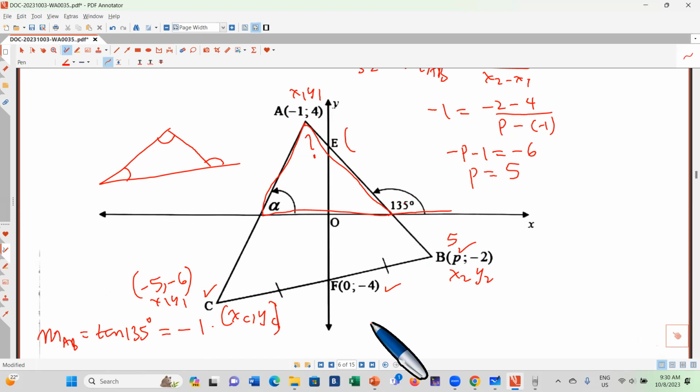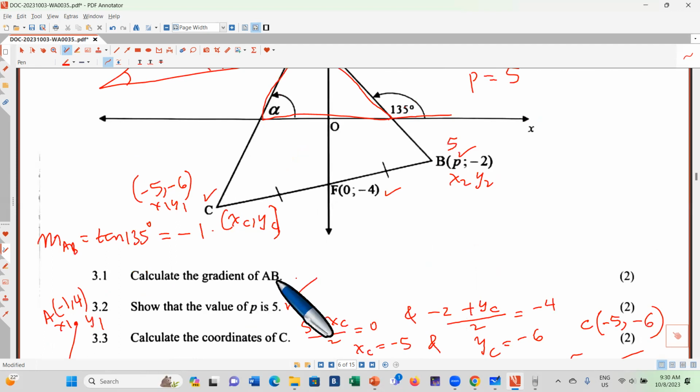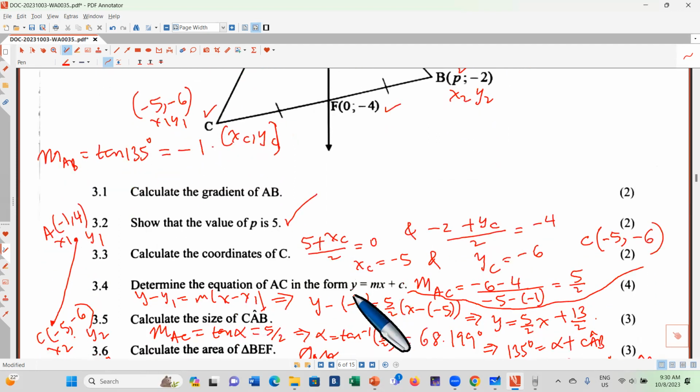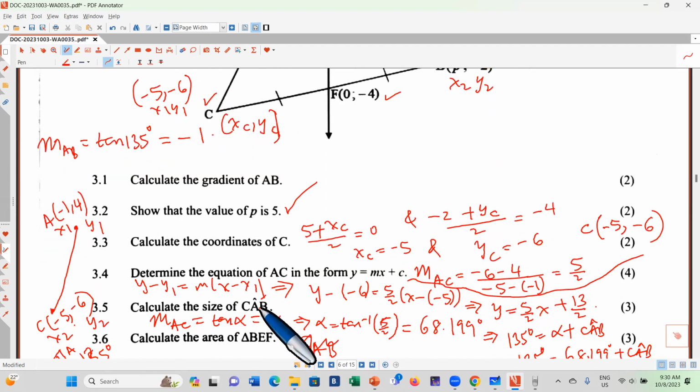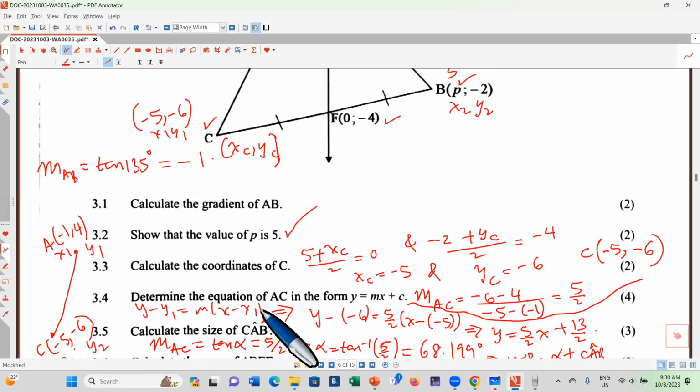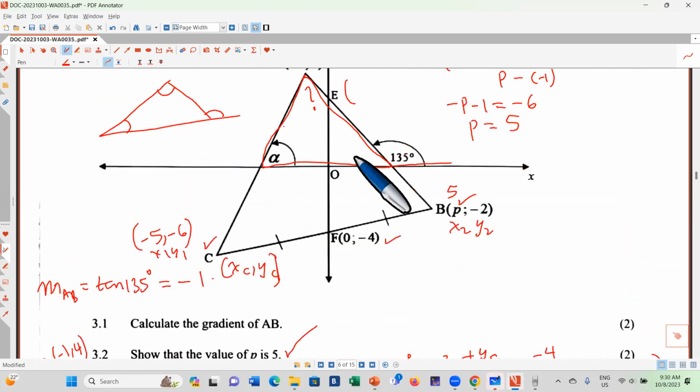Do we know the equation of the line segment AB in any of the questions? The gradient of AB is known. CAB is there. So we can be in a position to calculate the coordinates of this.